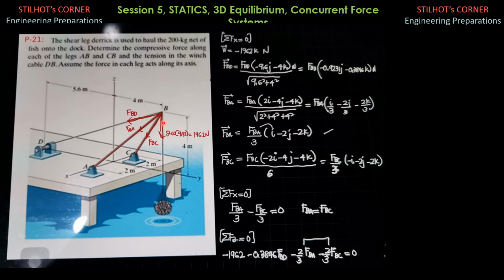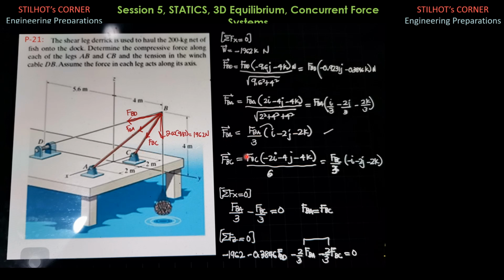Then FBC is down along Z, so negative 4k. Along Y to the left, negative 4, so negative 4j. Along X, backward 2, so negative 2i.